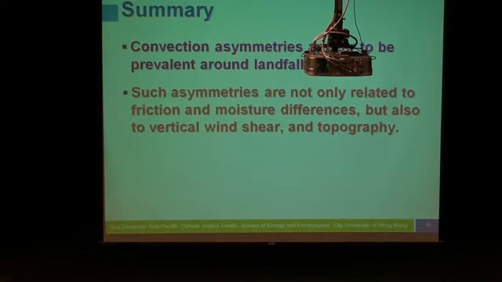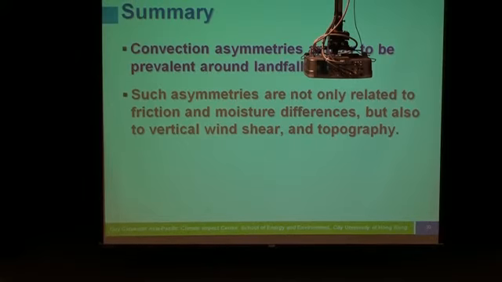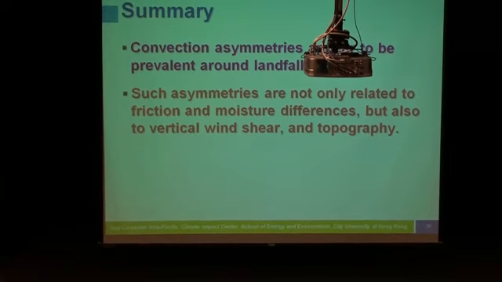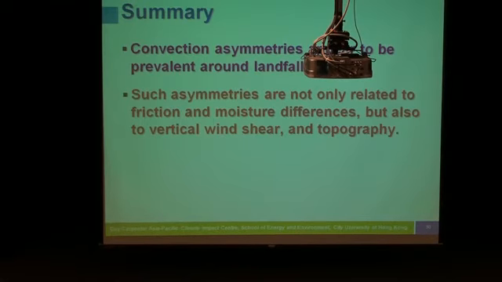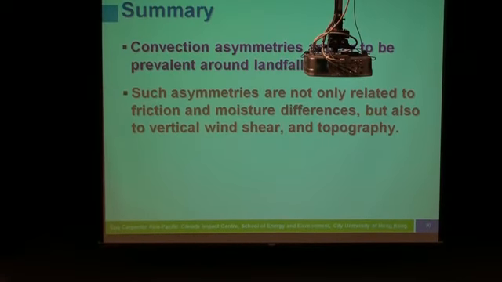But I think what the result here shows is that whenever you have a friction or moisture difference, that will actually cause the track to change. Now whether it's because of the microphysics or other things, we'll have to do more studies.